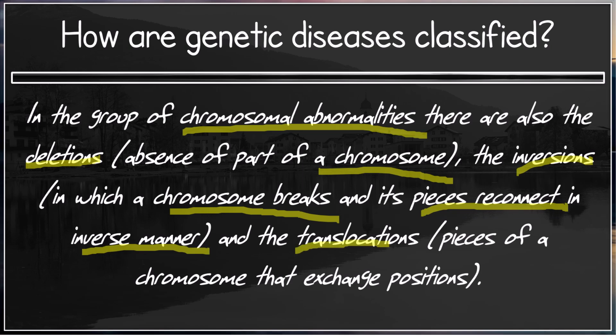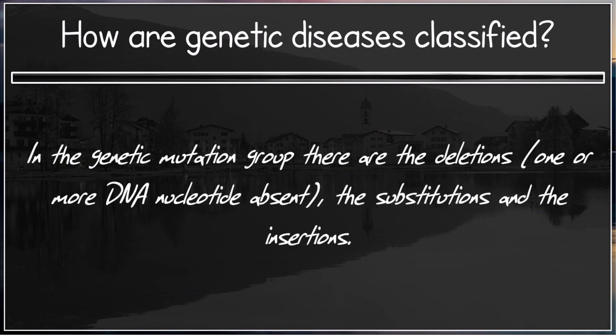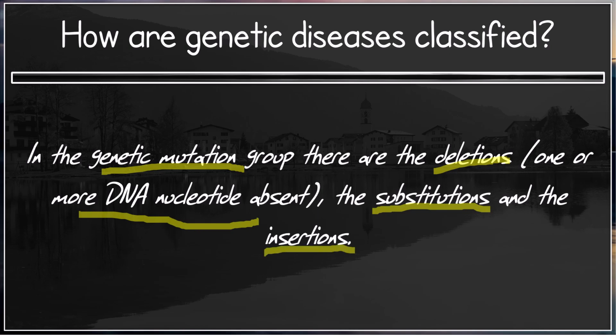And the translocations, pieces of the chromosome that exchange positions. In the genetic mutation group, there are the deletions, 1 or more DNA nucleotides absent, the substitutions, and the insertions.